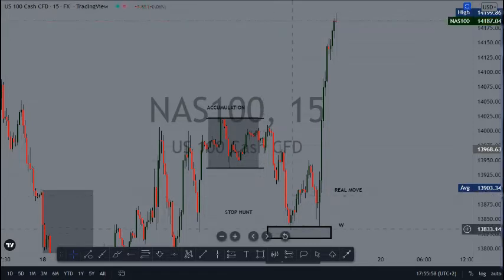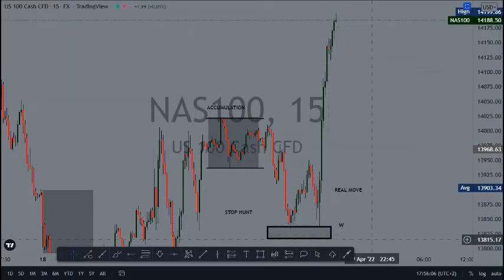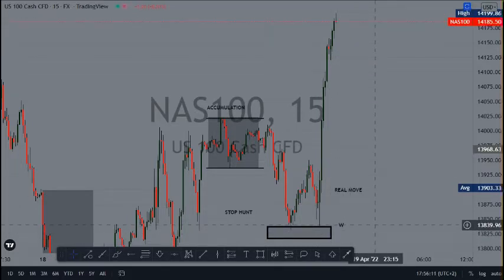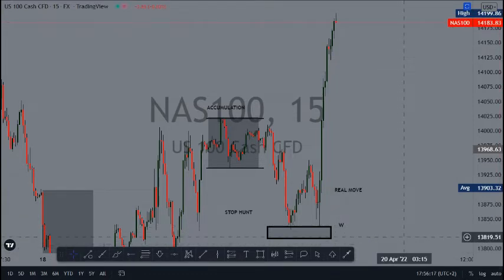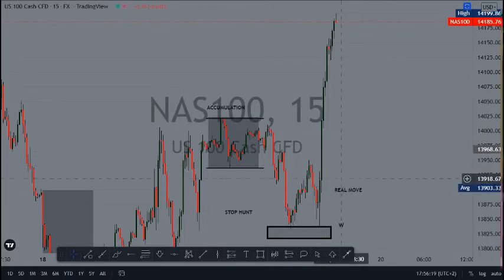Then the market gave us the low of the day, traded away from it, came back to hit the low of the day again, which gave us a W. Our confirmation would have been on the second leg of the W, and our profit would have been about here, near the low of the day.